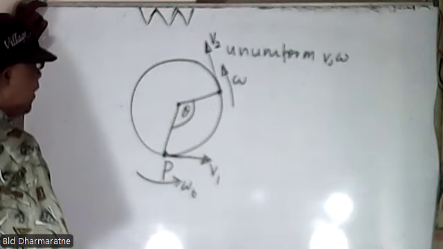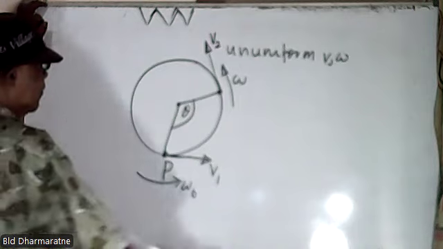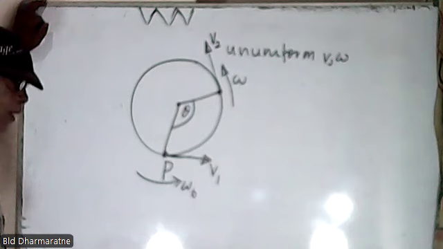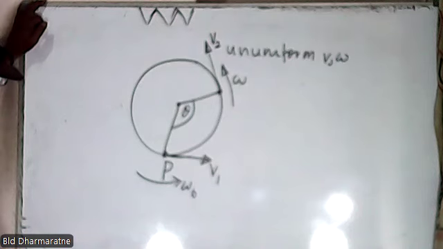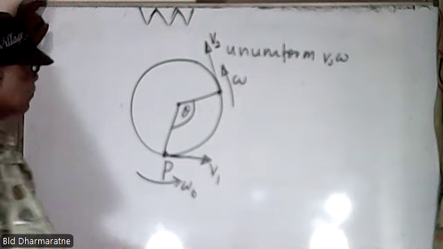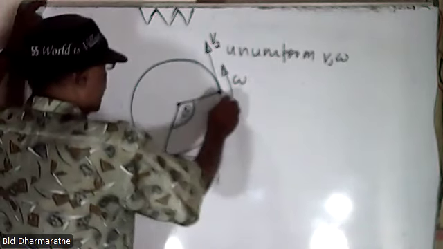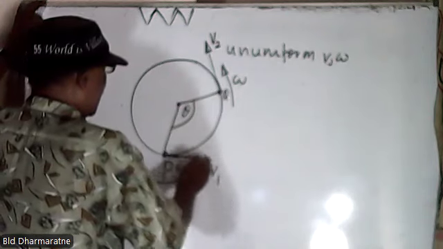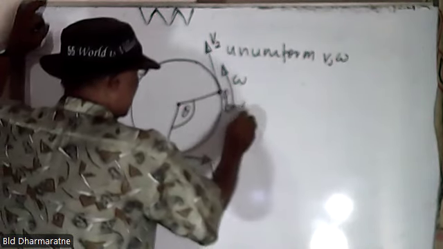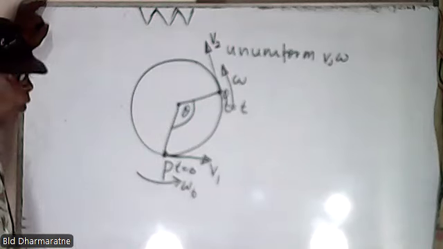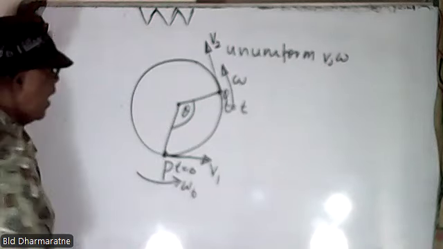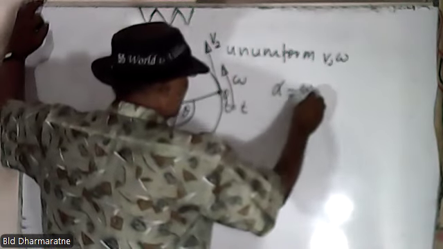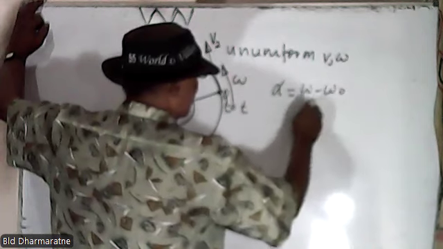What formulas do we take? We know that when angular velocity changes, it creates angular acceleration. From P to Q, the time is t. Angular acceleration alpha equals omega minus omega naught over t.